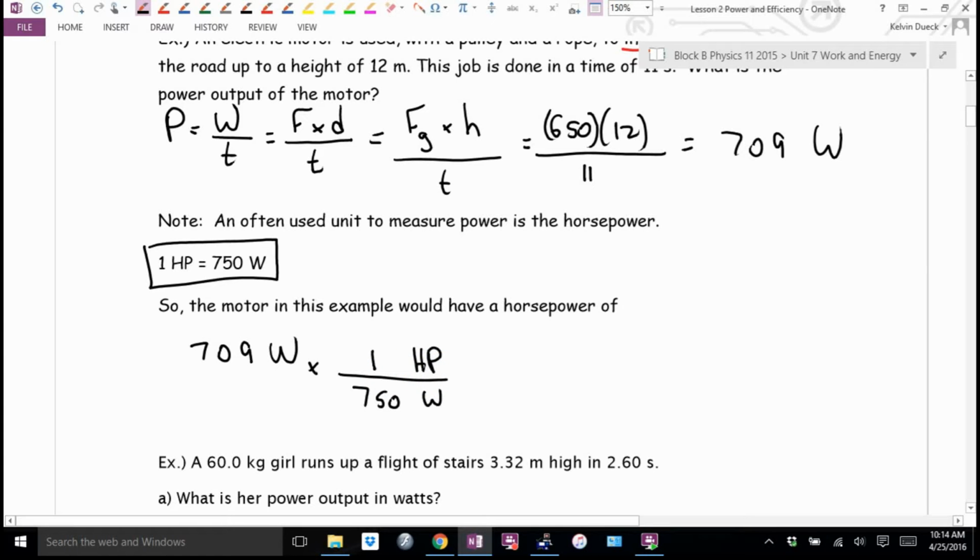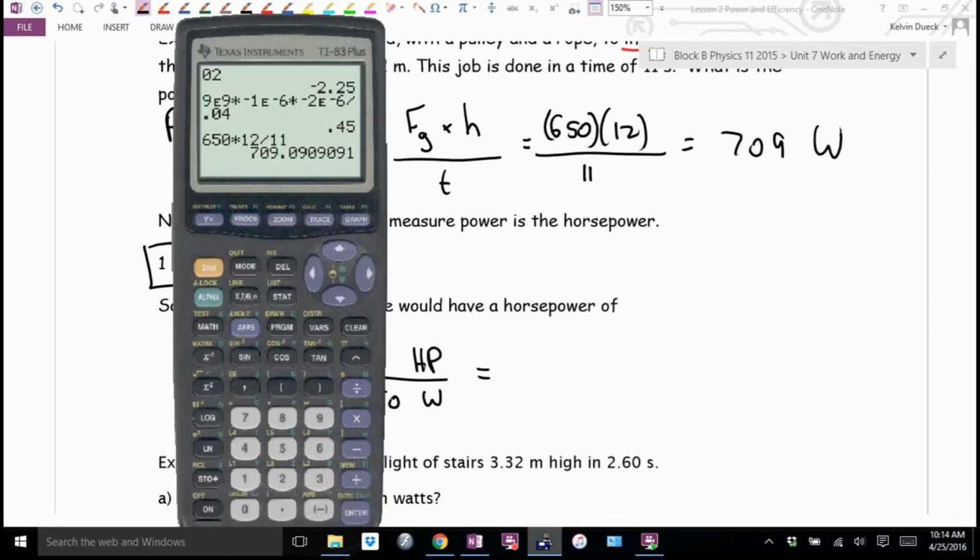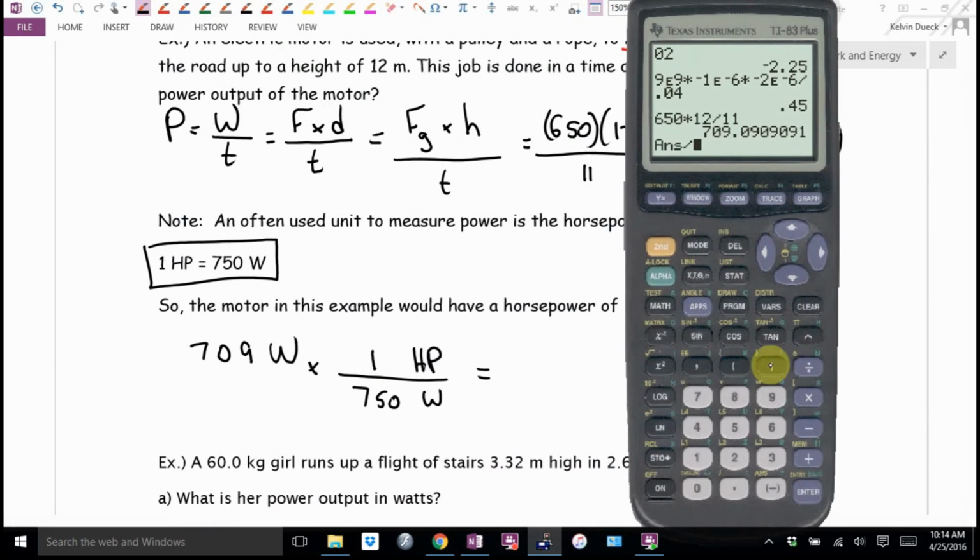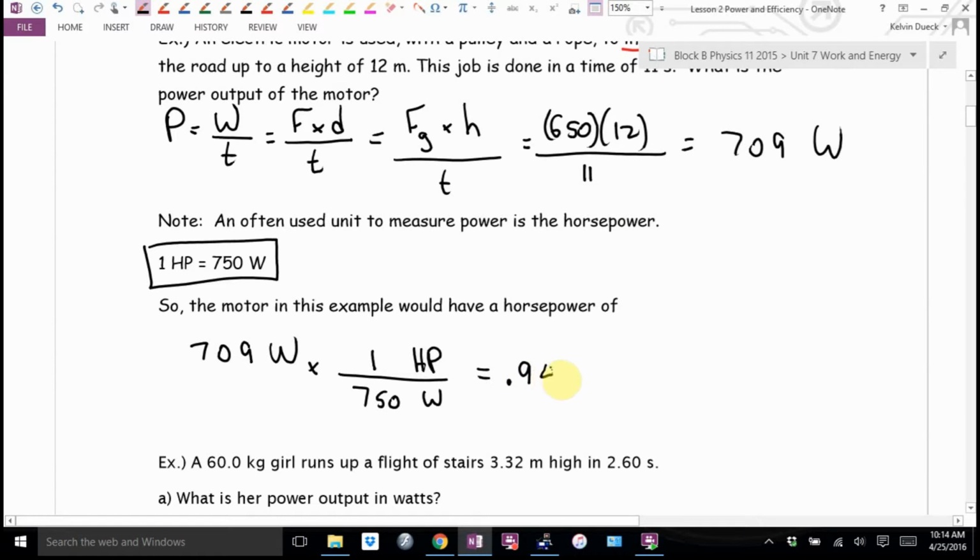So 709 times 1 divided by 750. This is almost 1 horsepower, not quite. 0.945, with the 4.5 repeating, horsepower. Not a very big motor.